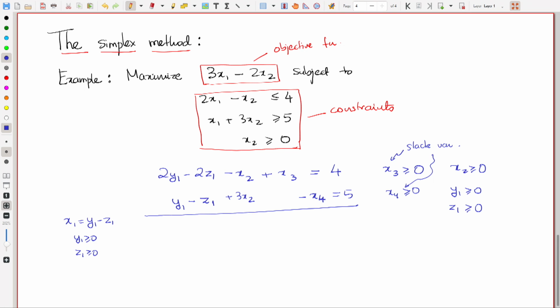So, if we had not replaced x 1 by y 1 minus z 1, then that x 1 could be greater than or equal to 0 or less than 0. So, it would be allowed to vary all over, but we only want our variables to be non-negative. Maybe I am doing it backwards, but I am reducing the problem to a standard form. I will explain what that standard form is in general the moment I finish this example.